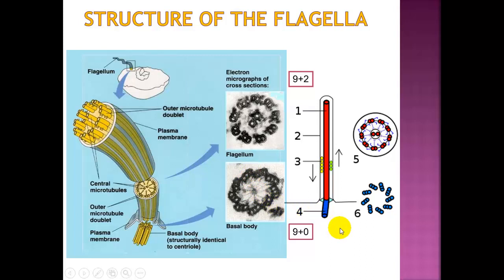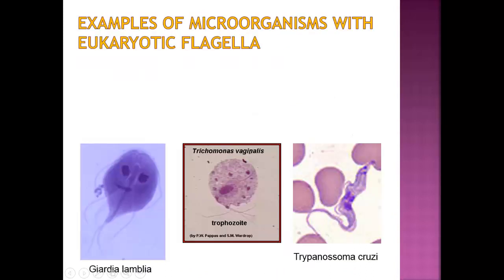Interestingly, the basal body is structurally identical to that of a centriole. Examples of organisms that have flagella are Giardia lamblia, Trichomonas vaginalis, and Trypanosoma cruzi.